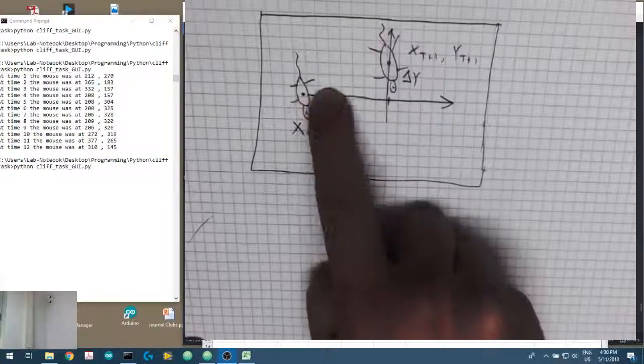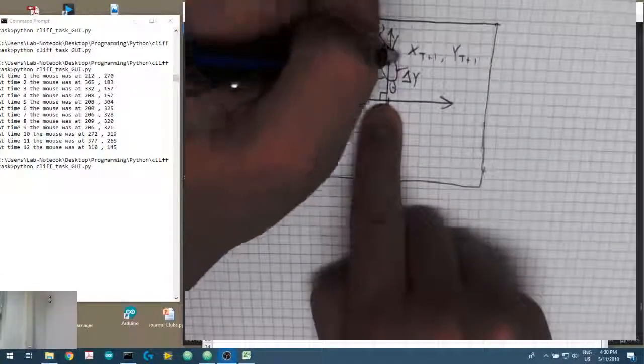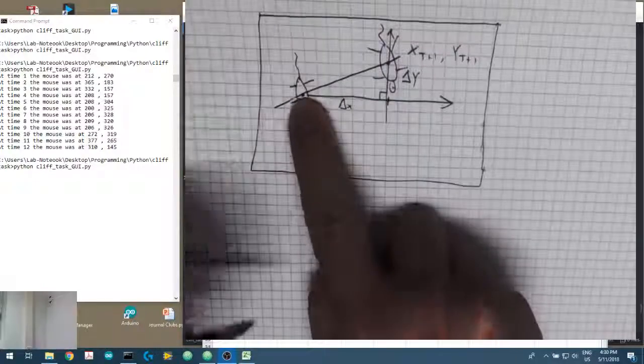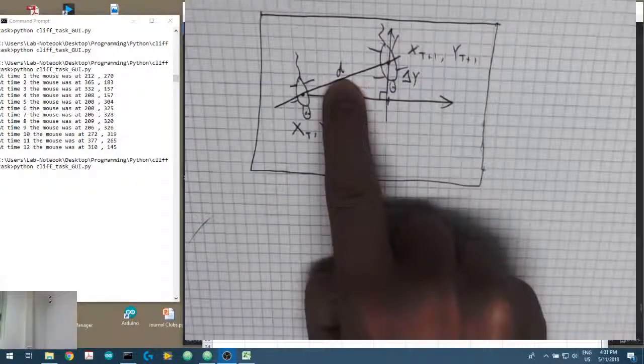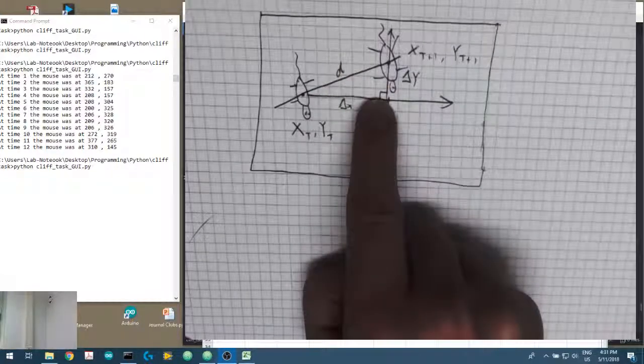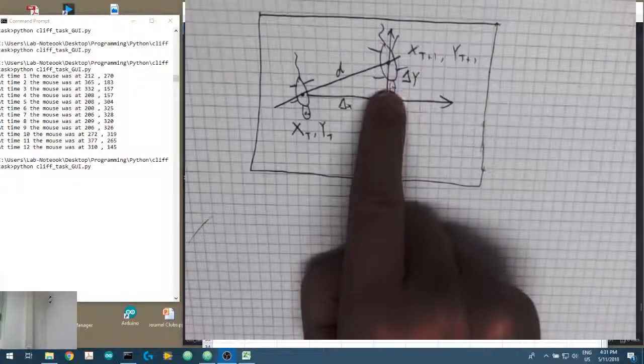So all we need to do is, well, we've got a right angle triangle here, don't we? And so if we now plot the hypotenuse here, we've got the distance here. And we know that we can relate in a right angle triangle the distance to the two other sides, the adjacent and the opposite.